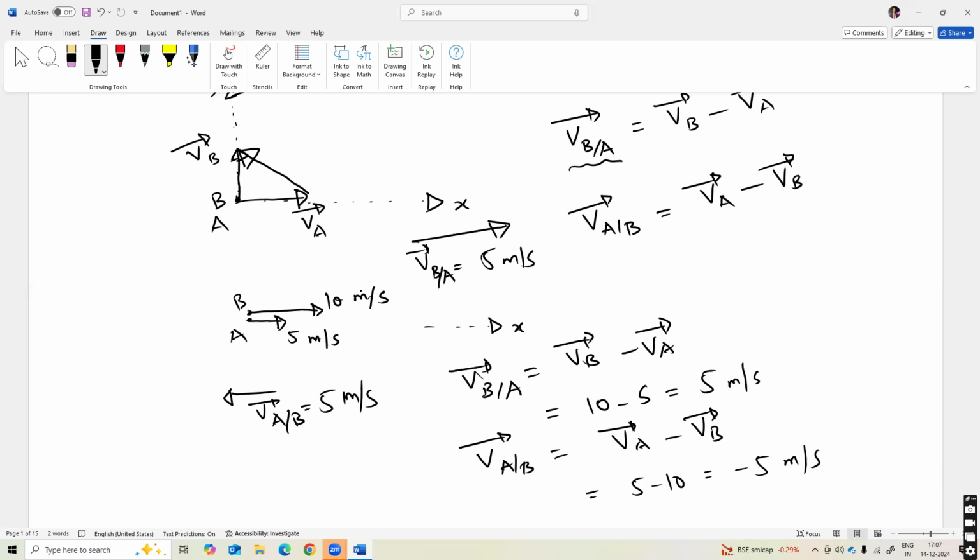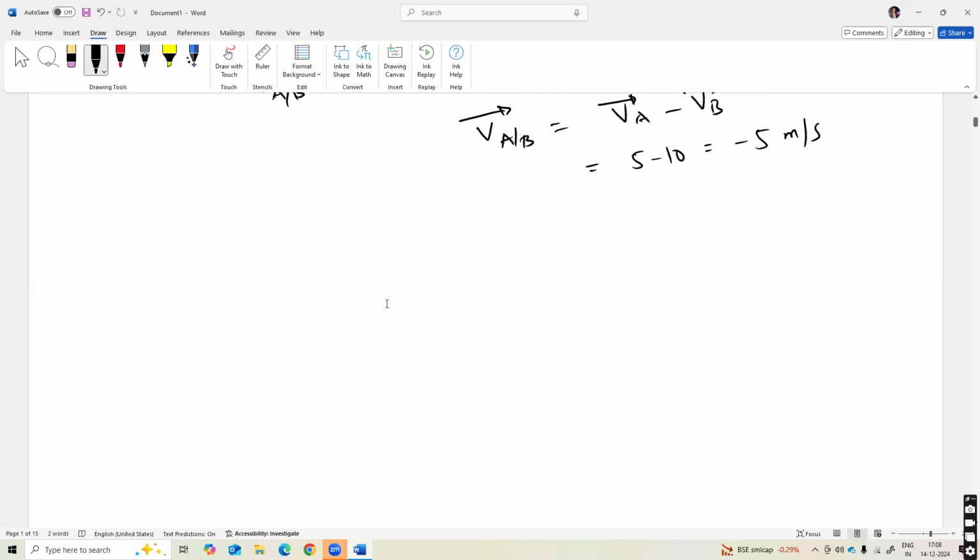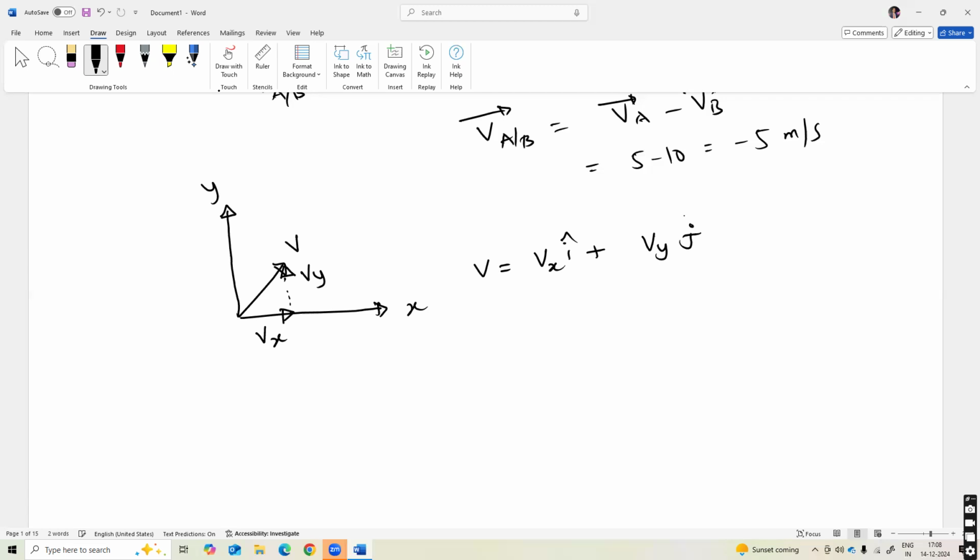We can also write this using vectors, which we have seen. Let's say this is the x-axis and this is the y-axis. If there is a vector v which is a velocity, then the x coordinate of velocity is given as vx, the y coordinate is given as vy, and we can write this velocity vector as vx i plus vy j.